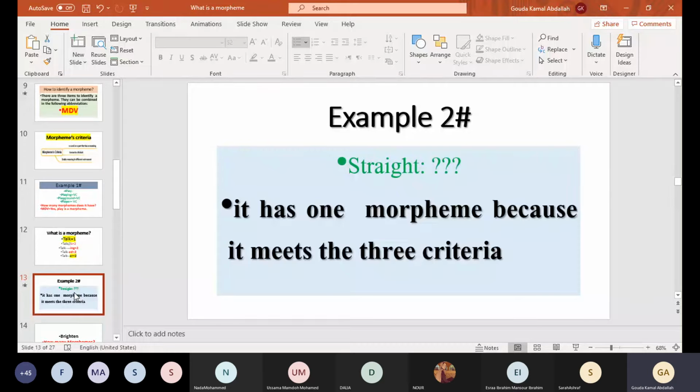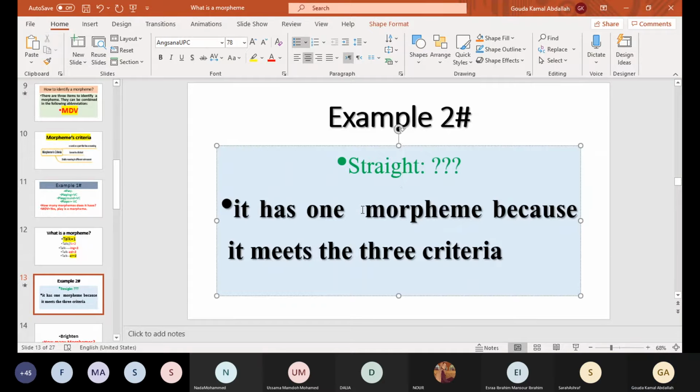Okay. Let's have another example. Straight. How many morphemes does it have? One or two? What do you think? This is again tricky. One. And why? It cannot be divided into a meaningful word. First, it has a meaning, right? Of course. So it's a word, it has a meaning.